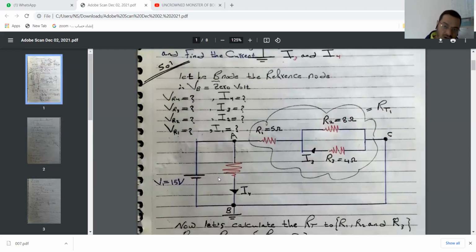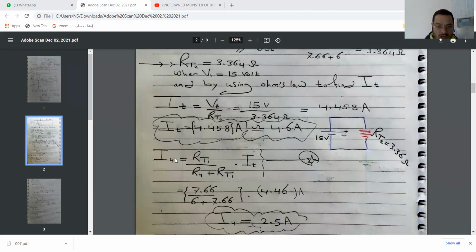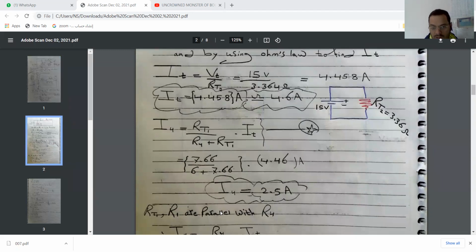I4 here, because of the relation between RT1 and R4, because we use these two values. I4 equals RT1 divided by R4 plus RT1 times IT. I4 will equal 2.5 ampere. This is the last figure of the circuit, RT2 will equal like that.